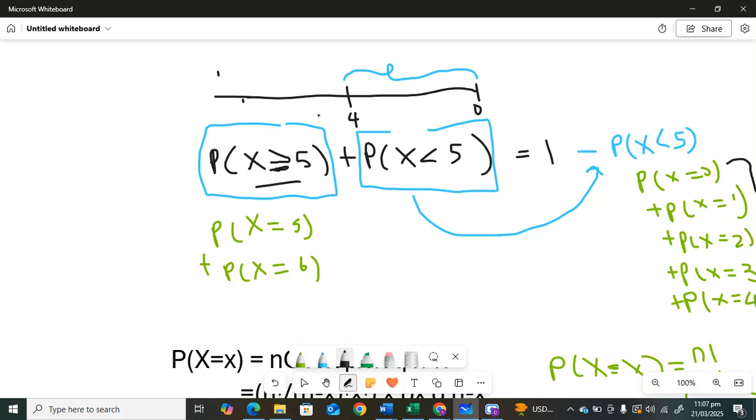This is from 5 to 20. Remember, we have 20 students. So think of this as a number line. Once we get this part of the number line and subtract it from 1 using the complementary rule, we'll be able to get this probability.